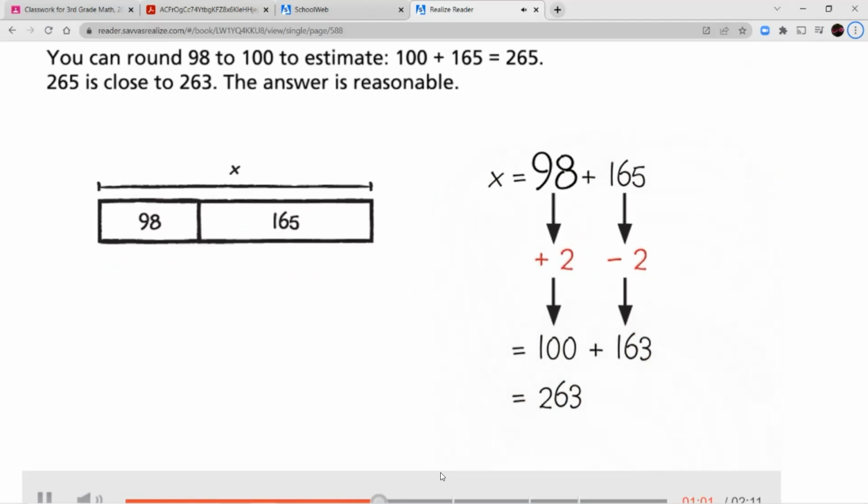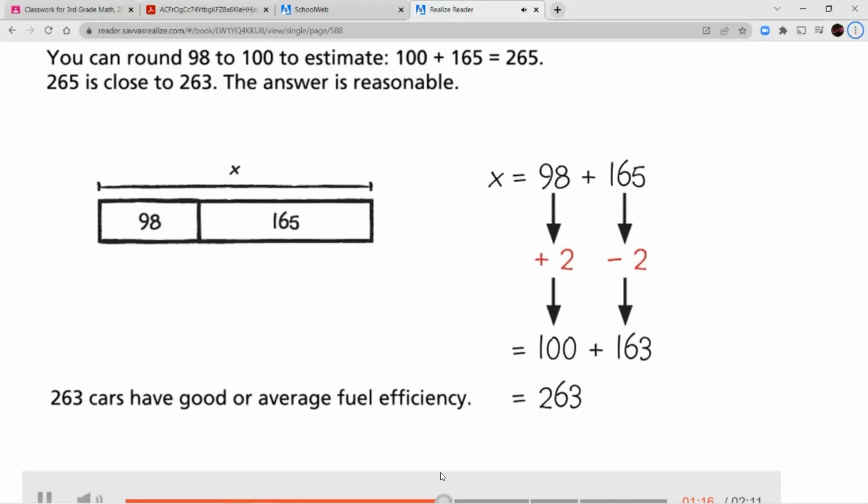You can round 98 to 100 to estimate. 100 plus 165 equals 265. 265 is close to 263. The answer is reasonable. 263 cars have good or average fuel efficiency.